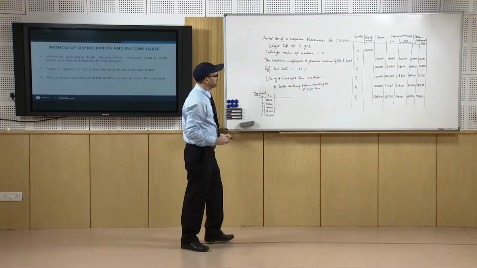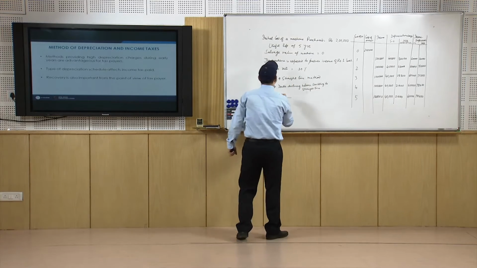And using DDB switching to straight line, you are paying 30% of the income.